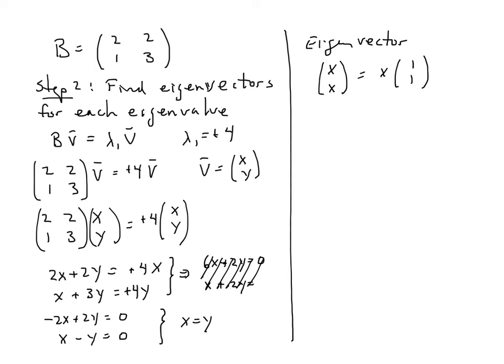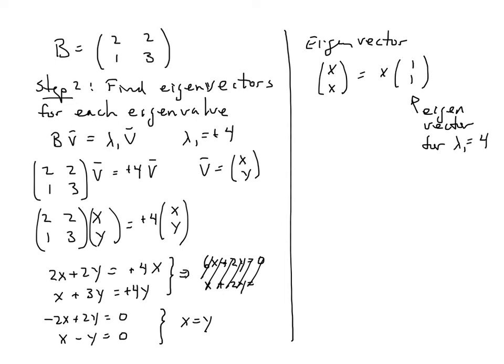So anything that lies in the 1, 1 direction is an eigenvector. So this is my eigenvector for lambda 1 is equal to the number 4, okay?